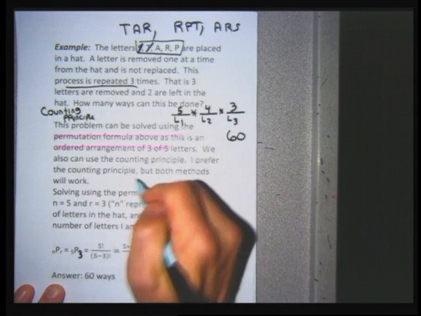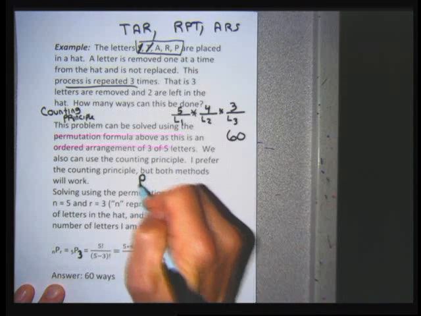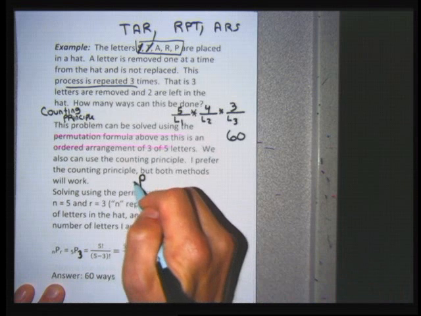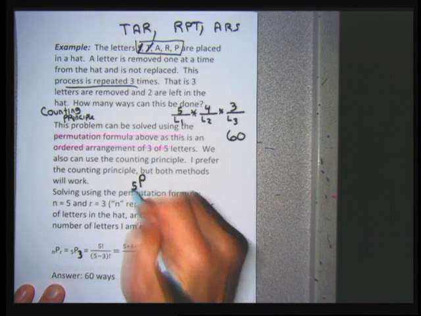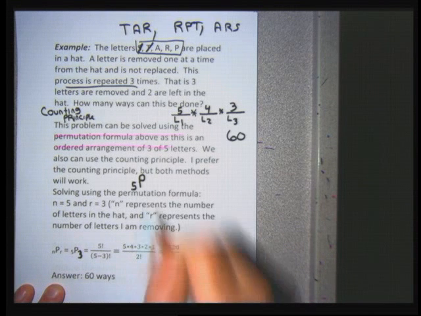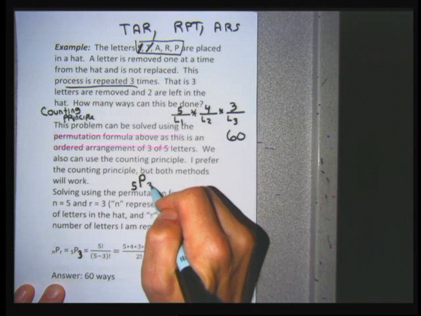So the permutation formula, when it's an ordered arrangement, it works. To the left of the permutation formula, you write the number of objects that you can choose from. In this case, it's 5. To the right, I pick the number that I'm picking, which is 3.